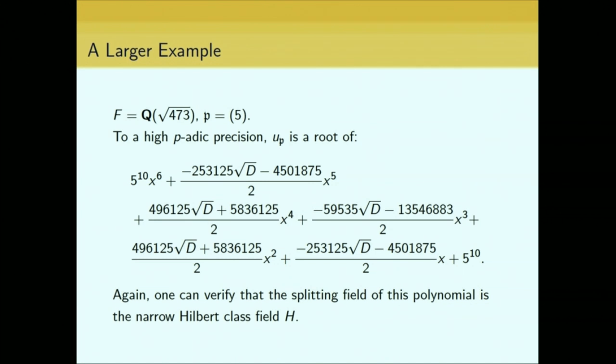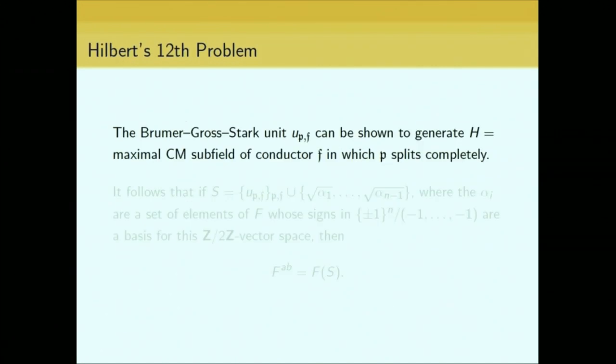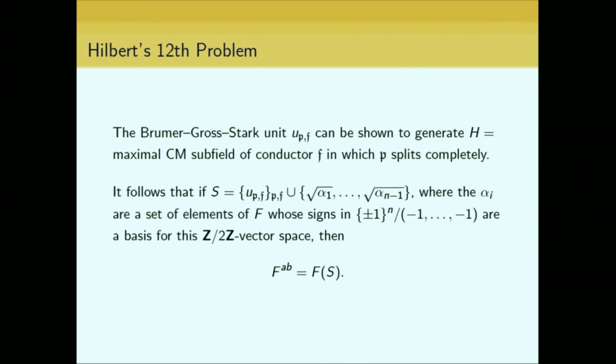All right, so this is an honest-to-goodness way. And let's go back to Hilbert's 12th problem. What can you actually say theoretically about whether this solves Hilbert's 12th problem? You can show that these units actually generate the maximal CM subfield of the conductor F in which p splits completely.